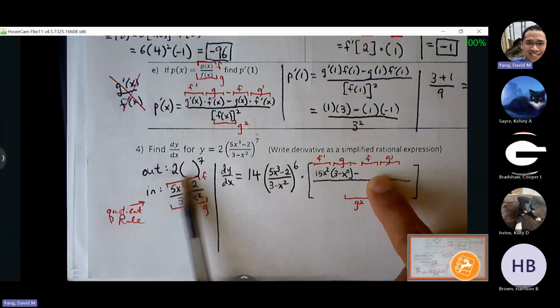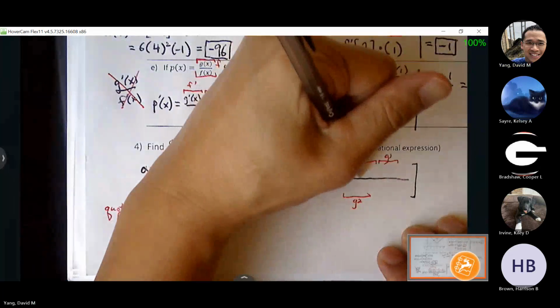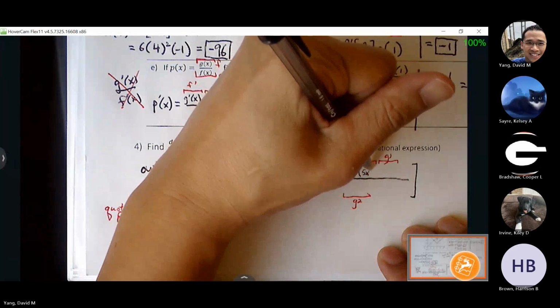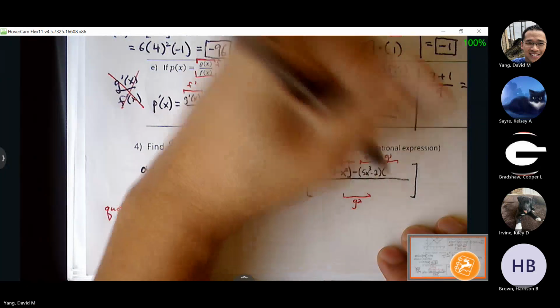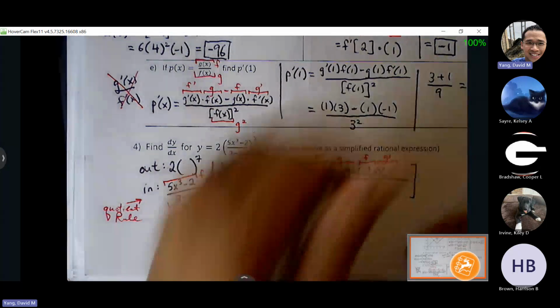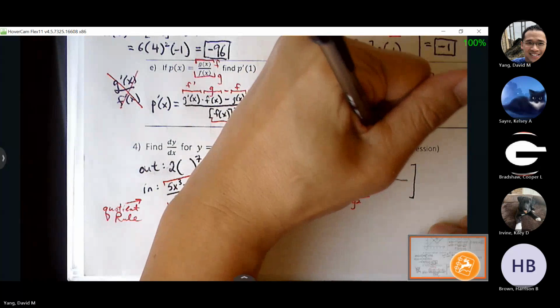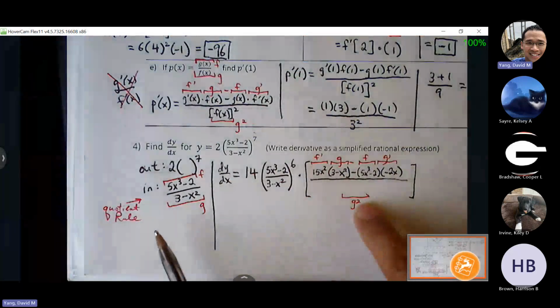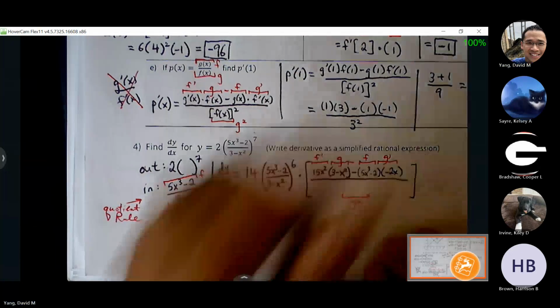Original numerator, no changes. g prime, denominator's derivative, 3 goes to 0. Negative x squared becomes negative 2x. All over my denominator squared.